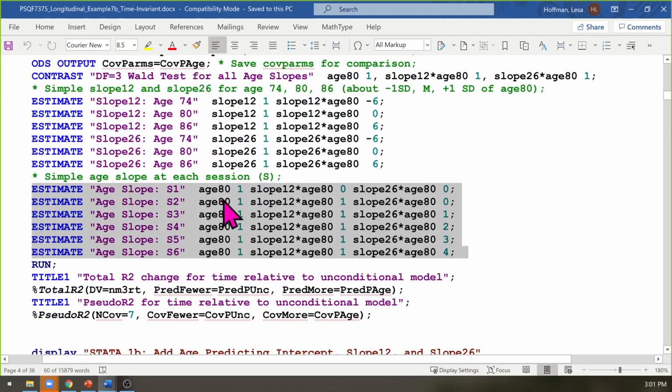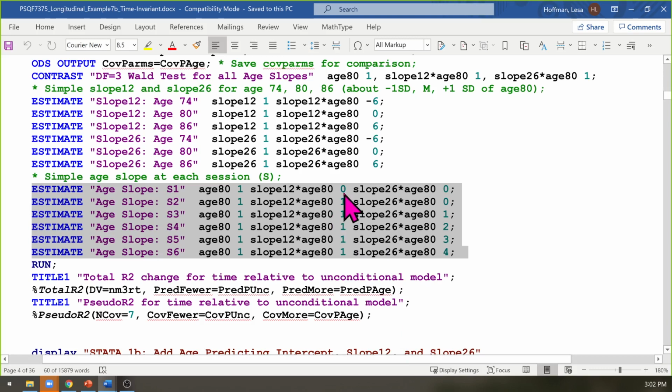And 1 goes with age 80 because at a minimum, the age slope is a function of its simple main effect. And then the values that go in the interaction terms are the value that corresponds to time as it is coded in each slope. So not which occasion it is, but how time is coded in your coding scheme.